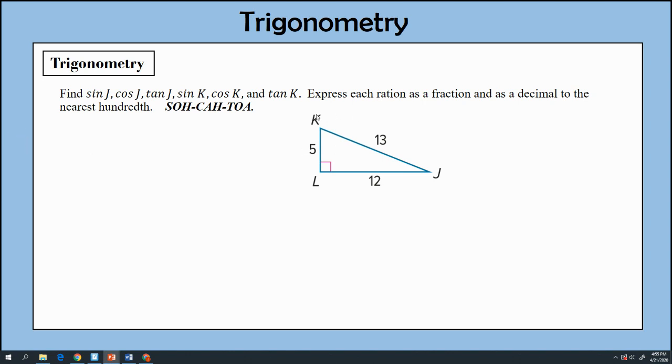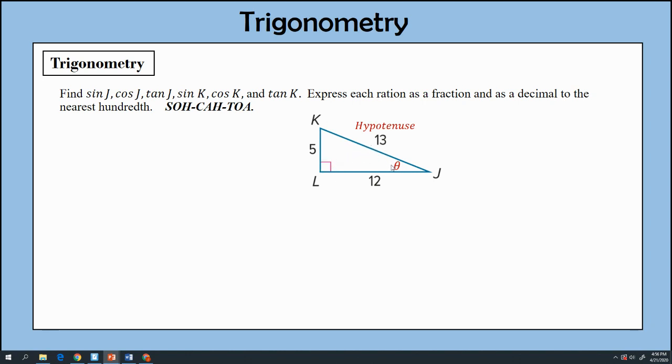All right. The first thing we need to do before we get started with these trig ratios is identify the sides. So you saw us in the examples talk about opposite, adjacent, hypotenuse. That is dependent upon the angle you're working from. So let's say that we're going to start working from angle J first. So J is my theta. That's the angle I'm working from. From this, we need to name the sides from angle J. The first thing you always know is the hypotenuse is the side across from the right angle.